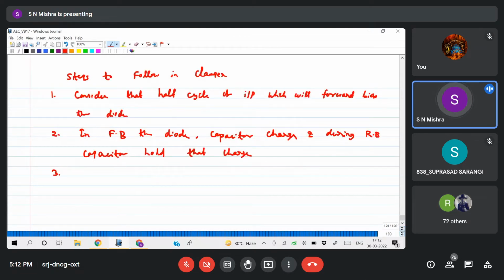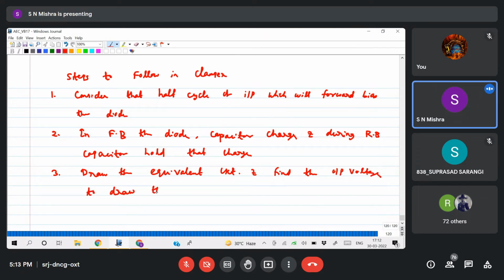Next, draw the equivalent circuit, put voltages, and draw the waveform.